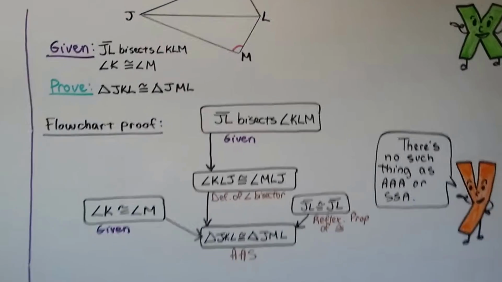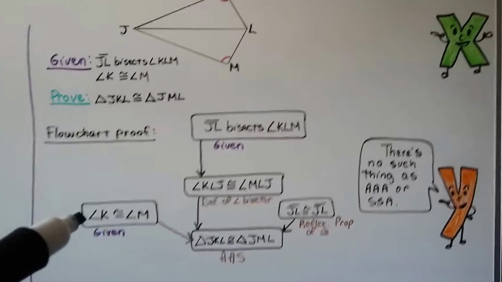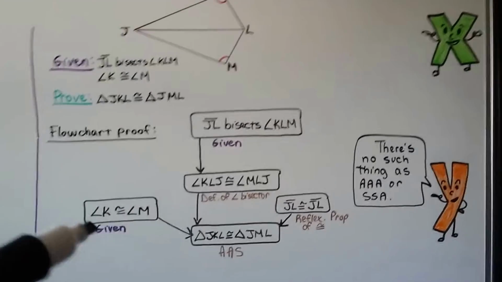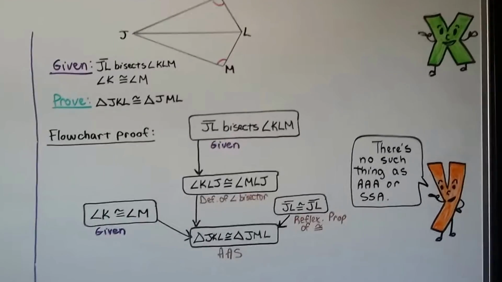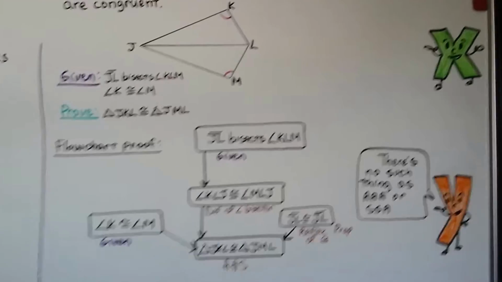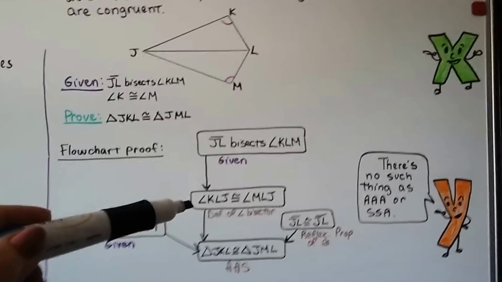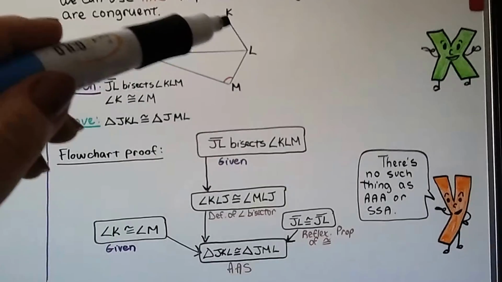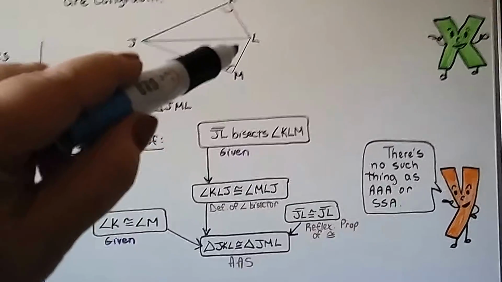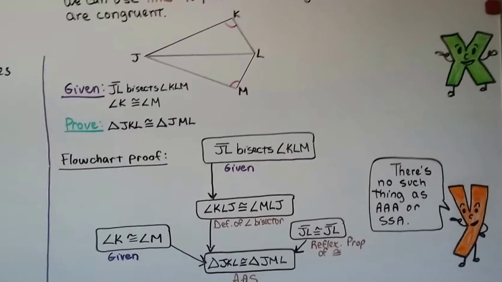So we've got another flowchart proof, and we can start with a given here that angle K is congruent to angle M. That's given right here. And we've got our segment JL bisects angle KLM. That's given. This one brings us to the definition of an angle bisector, that KLJ, so this angle is congruent to this angle MLJ because that's the definition of an angle bisector.